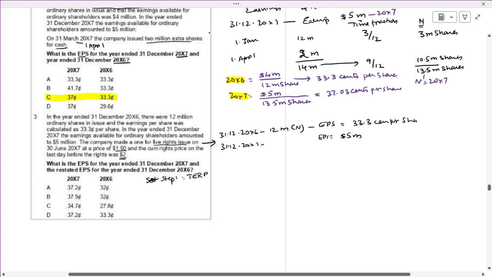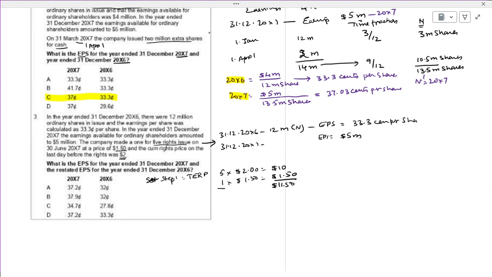How many shares are there? They are saying 5, 1 for 5. The market value: 5 times $2 comes to $10. One share they will issue at a price of 1.5. Total comes to $11.5. Total number of shares are 6.